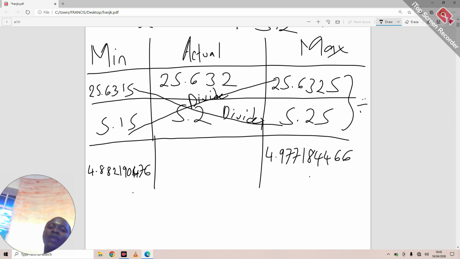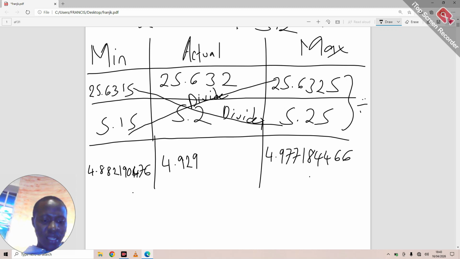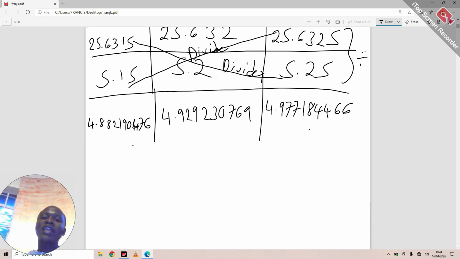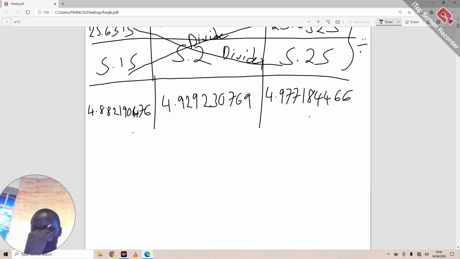Now, when it comes to the actual column, you just divide it directly the way it is. So you take 25.632 divided by 5.2. Here nothing changes in this column. So 4.929769.